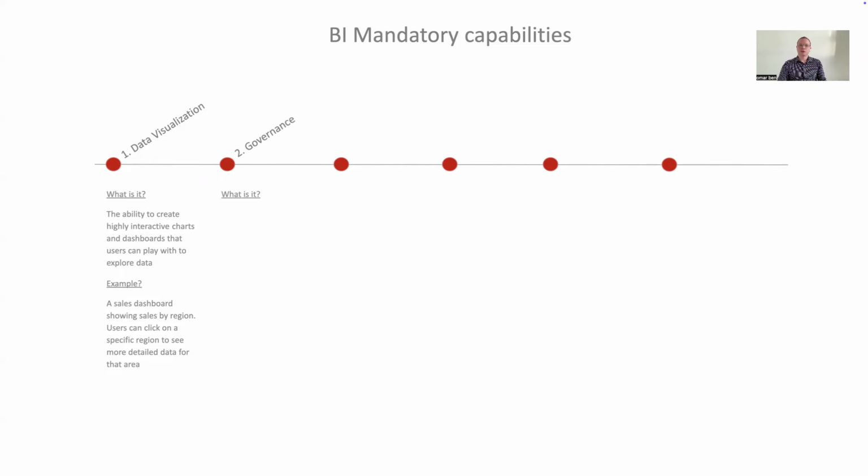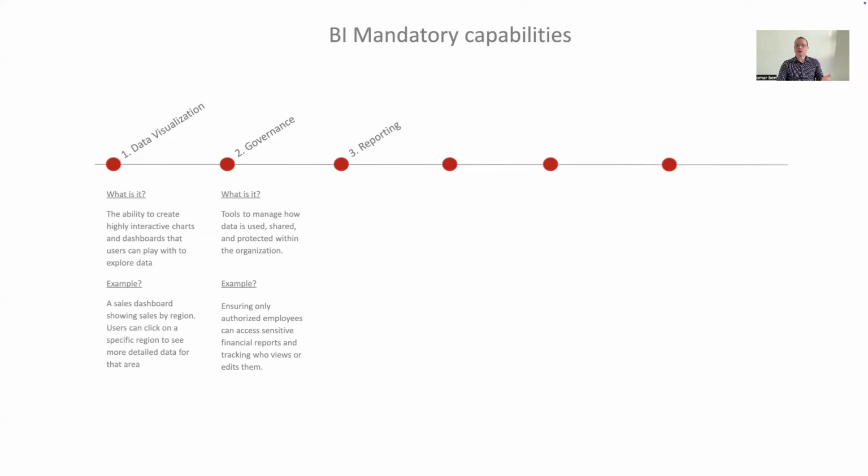Second, it's governance. Governance is all about the tools that help you understand how data is shared, used, and protected within the organization. An example would be ensuring that each employee sees and has access to the data that's relevant for their field, but it's also about the log analysis and understanding who viewed what at what time.